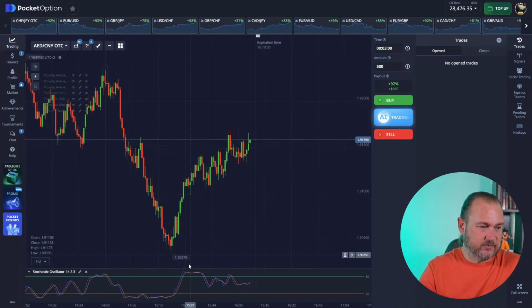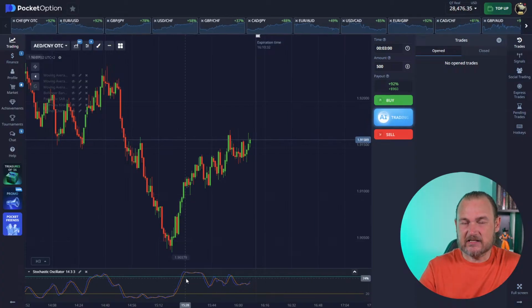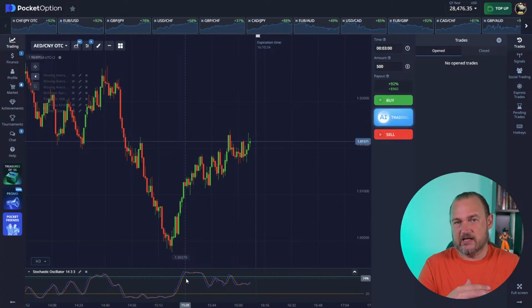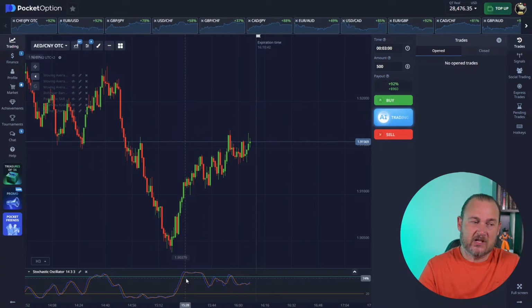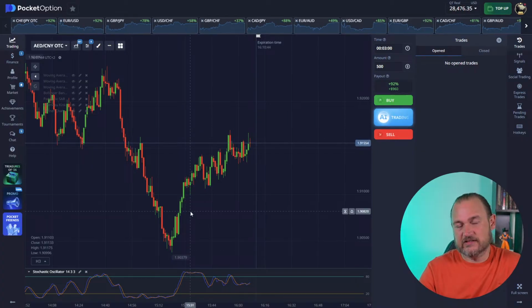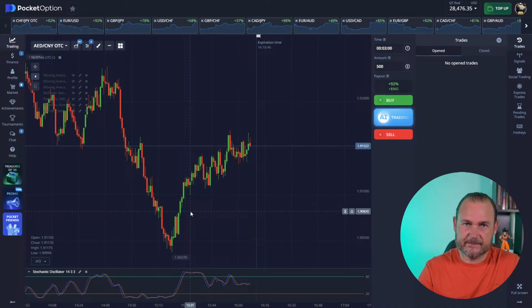Here's the point I was going to make. The stochastic hitting the overbought area doesn't mean it's time to sell. It shows you that at the moment there's very aggressive buying. You can think of it like a rubber band being stretched.